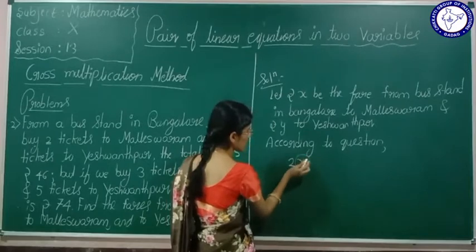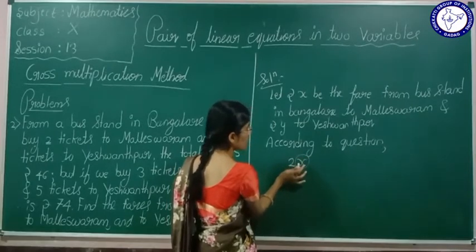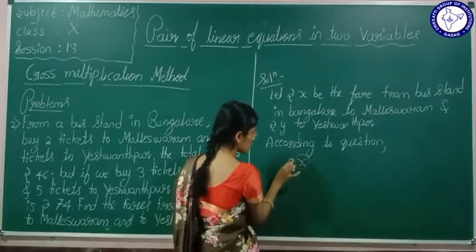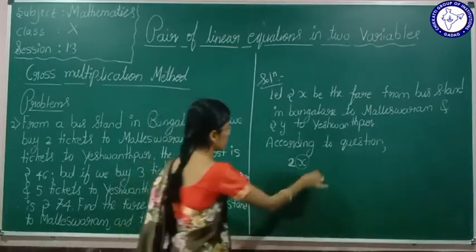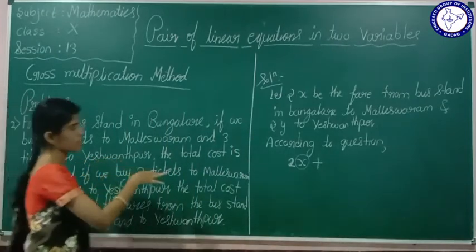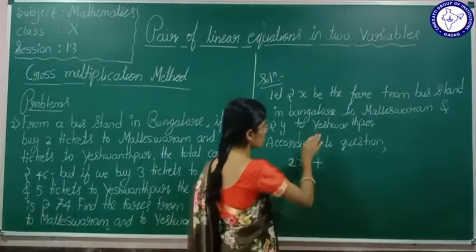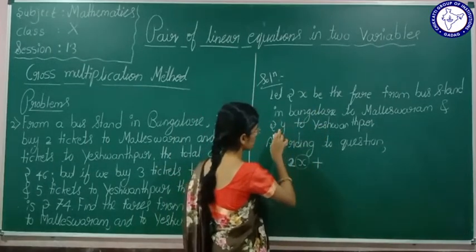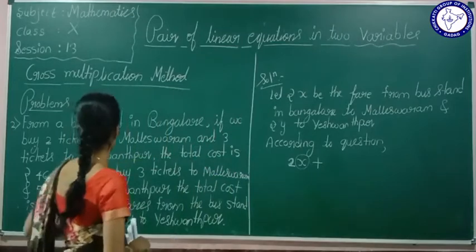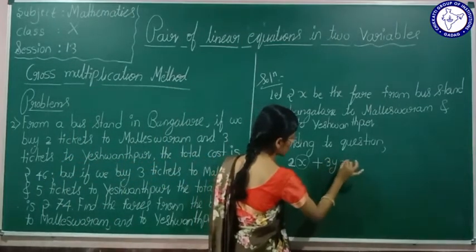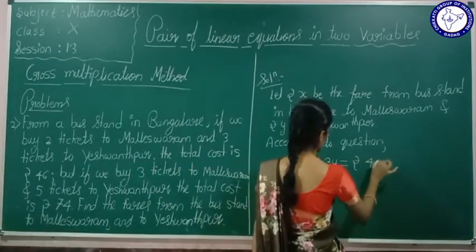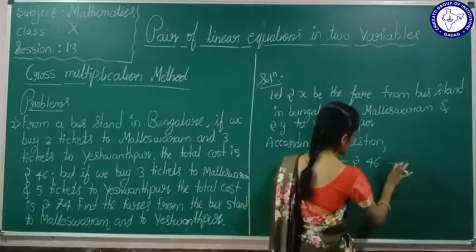Plus 3 tickets to Yashwantpur, where the ticket amount is rupees Y, so that is 3y, is equal to the total cost, rupees 46. Call this equation number 1.